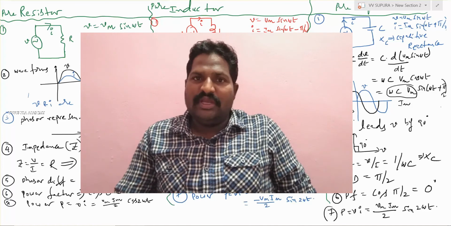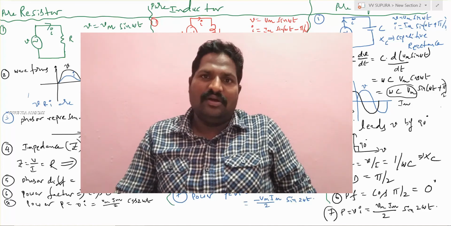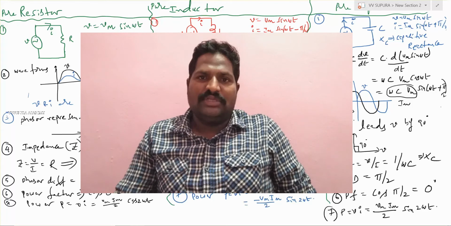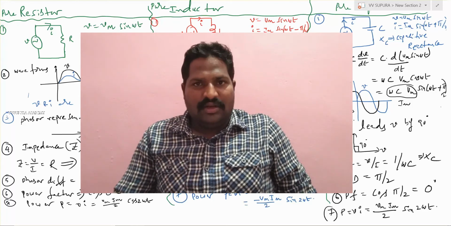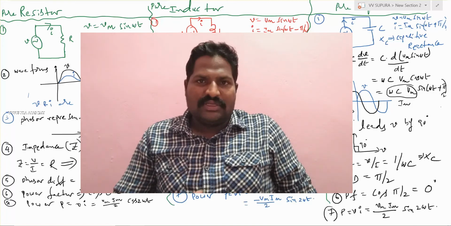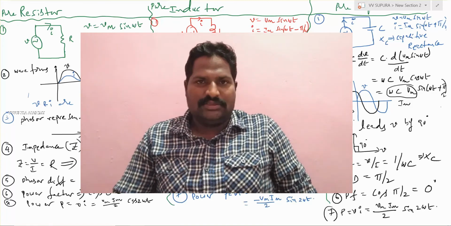When those elements are connected in series, that is called a series network. When those elements are connected in parallel, those networks are called parallel networks. We will discuss those things in the next class.